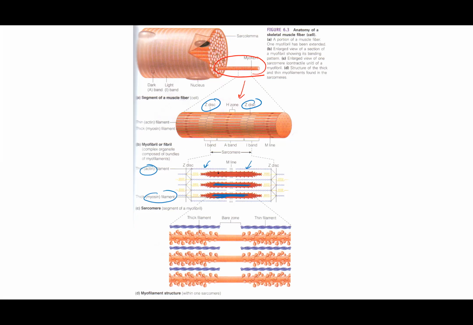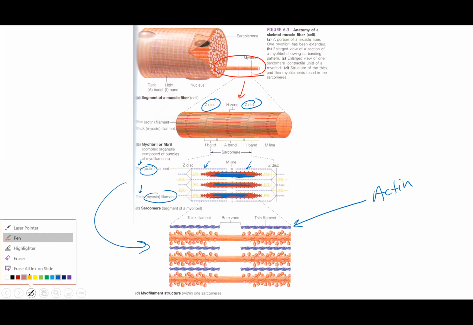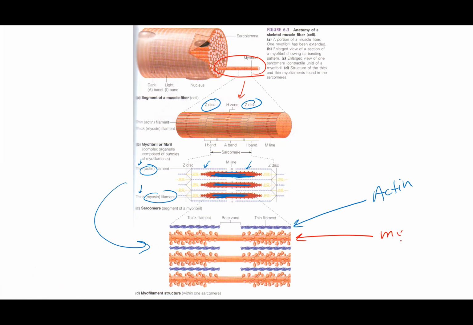Okay, those big red thick bands that you see there. So you have thin and thick. All right, so they're showing you that here with the thin filament, which is the actin, and the thick filament, which is the myosin.